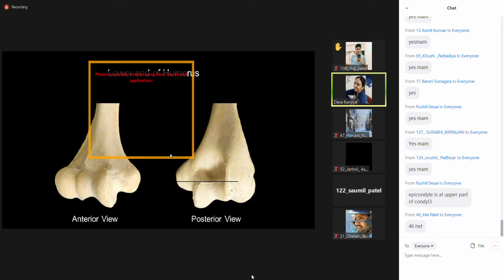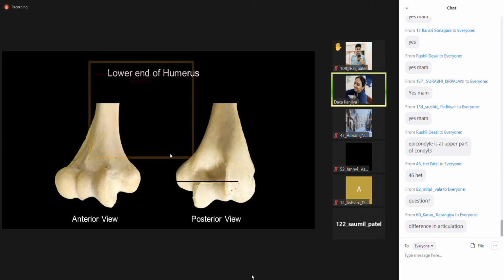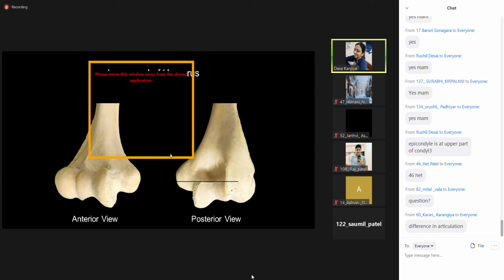Epicondyle is at the upper part of condyle. What is the difference between epicondyle and condyle? Like here, in the lower end of the humerus there is no condyle at all.